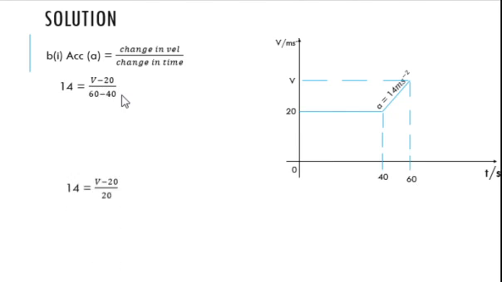With this, I can get my V by making use of the formula, and V is going to be 300 meters per second. So my final velocity is 300 meters per second.